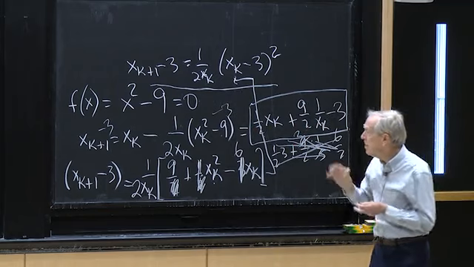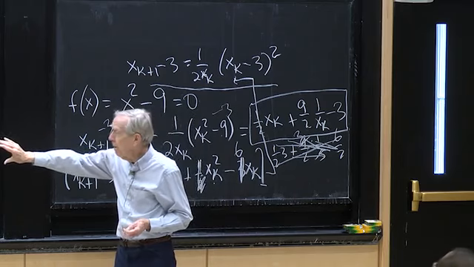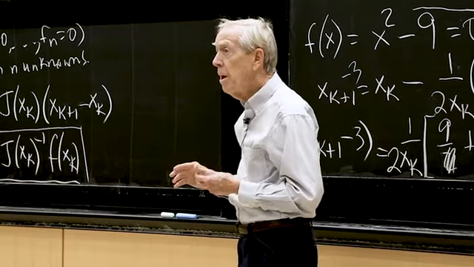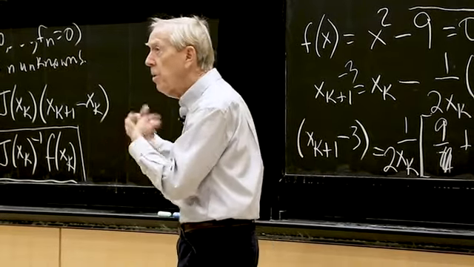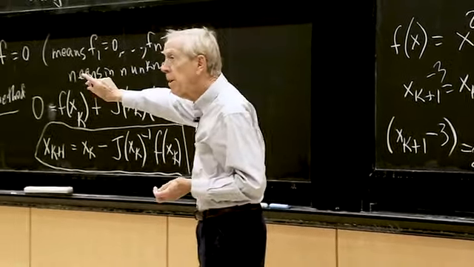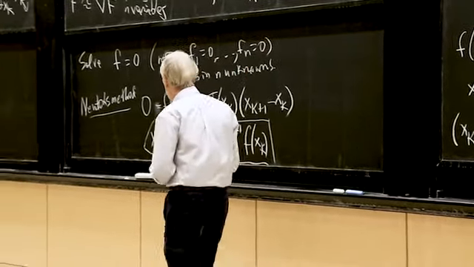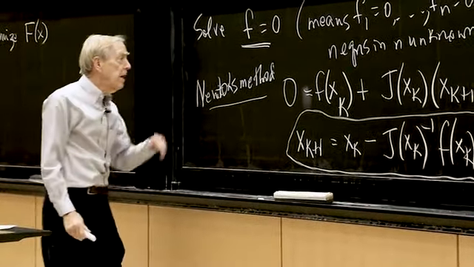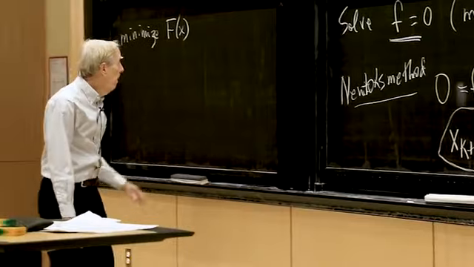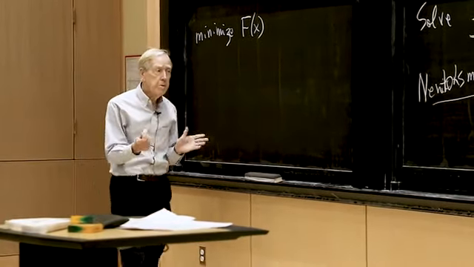Okay, so that's Newton's method for equations. And now I want to convert all those words over to Newton's method for optimization. So remember, these boards were solving f equals 0. This board is minimizing capital F. And what's the connection between them?